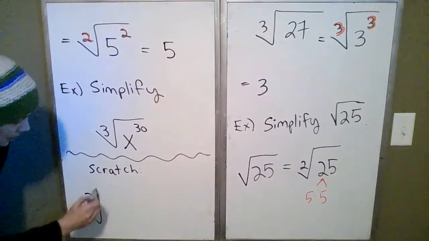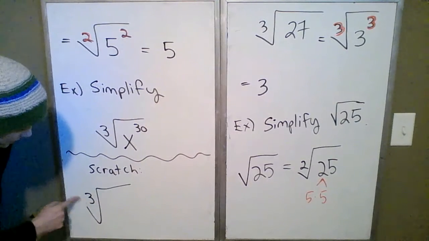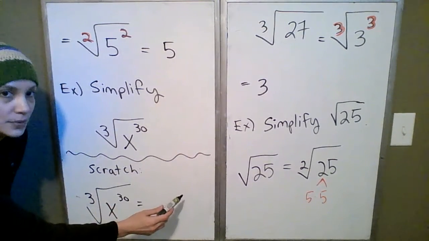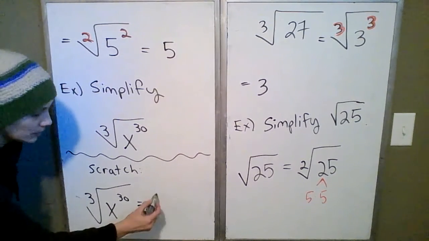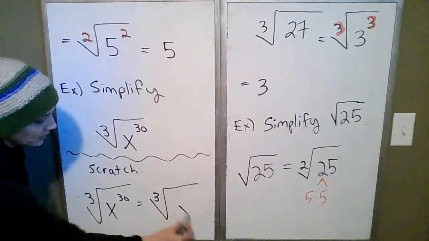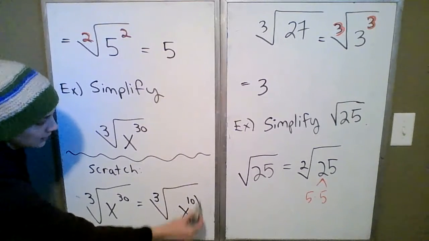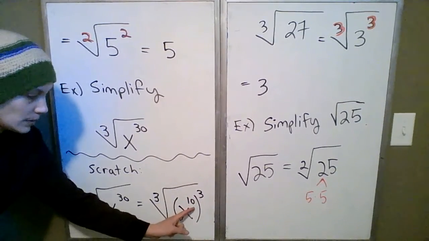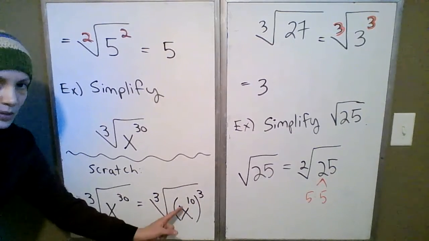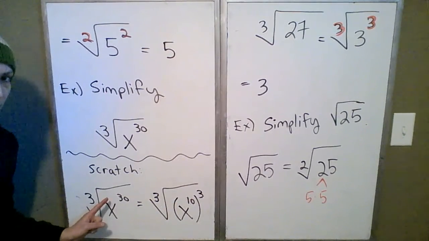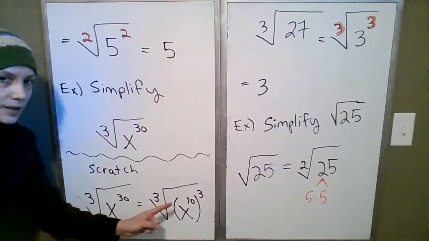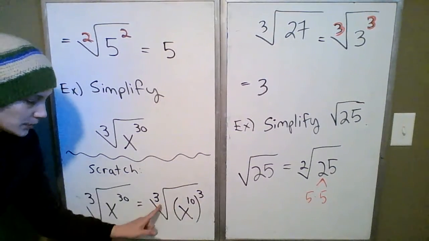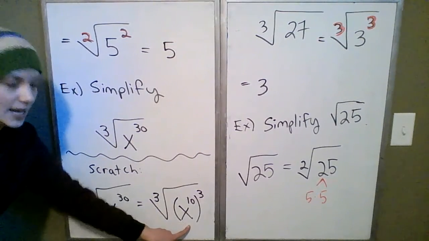With the cubed root of x to the 30th, I want a power of 3 to match that root 3. So I have a cubed root, and x can be written as a power of 10, and that raised to a power of 3, because going backwards, you'd go 10 times 3 to get that power 30. Cubed root of x to the 10th to the 3rd. So the power and the root match, and what comes out from under there is x to the 10th.